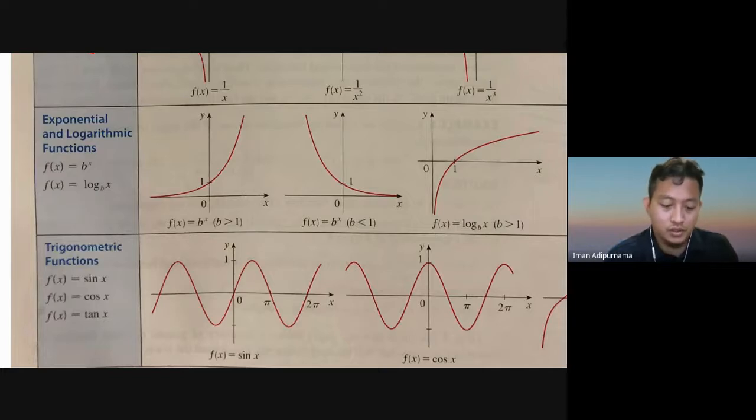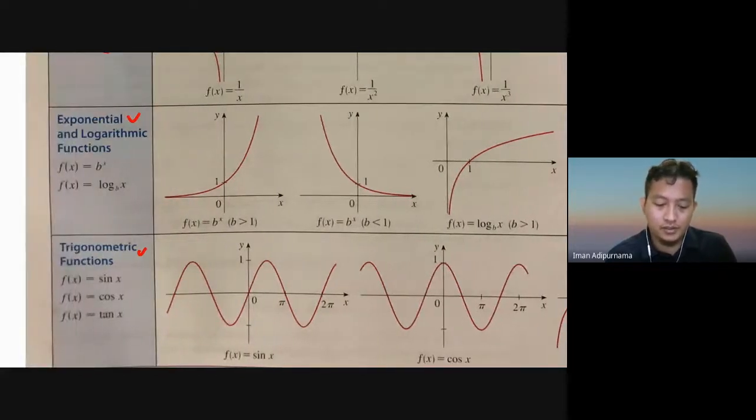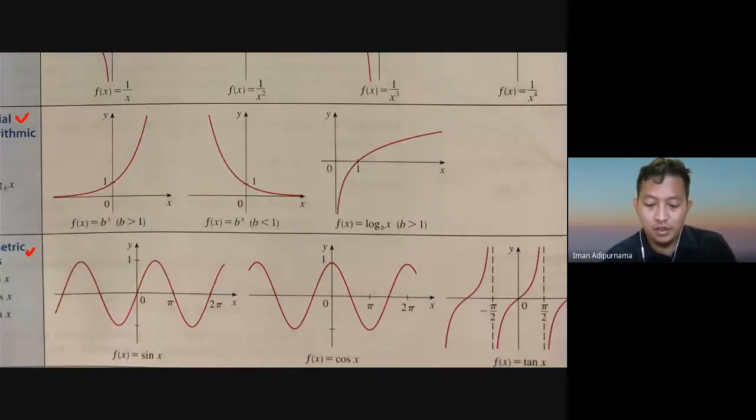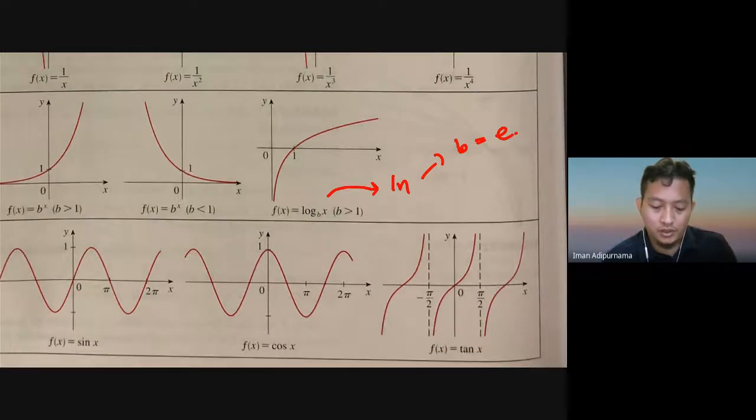And then exponential, logarithmic, and trigonometric functions. I hope you still remember, especially the exponent and log. For log, we will have a particular one for ln, which is when the base b is e.